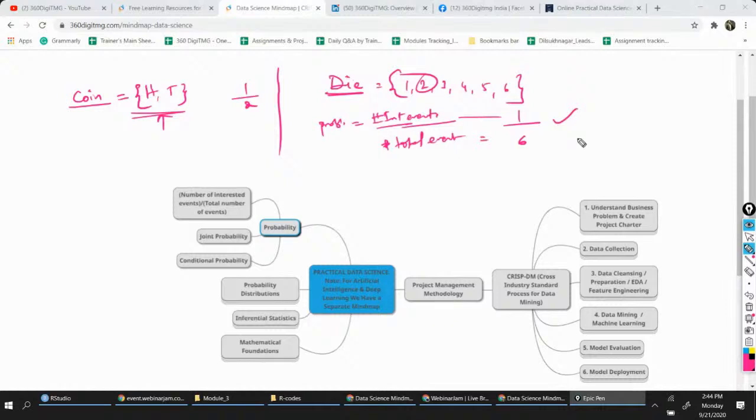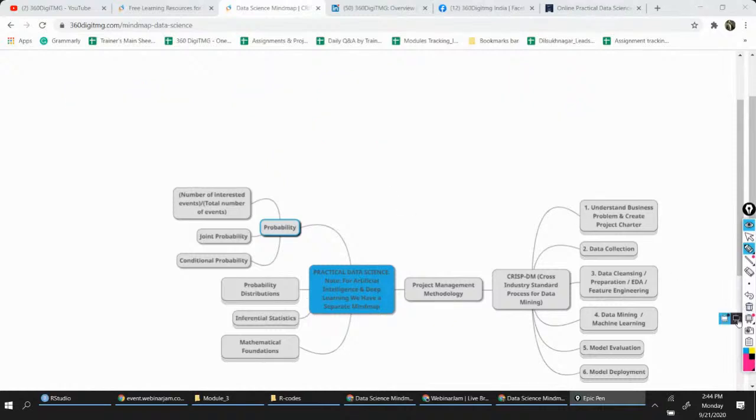Now let's discuss properties of probability. Very, very important. There are 2 properties of probability that you have to revise. Can anyone tell me the properties?